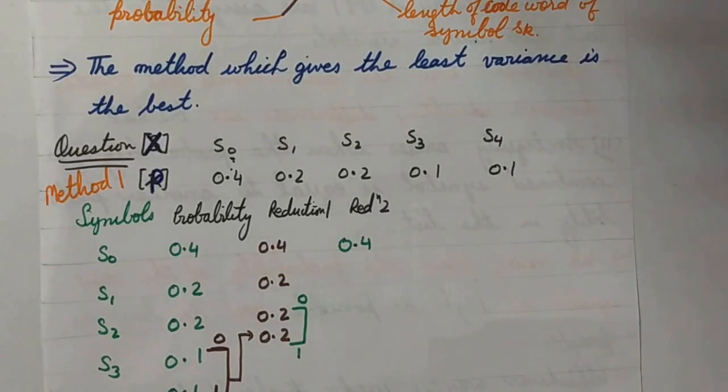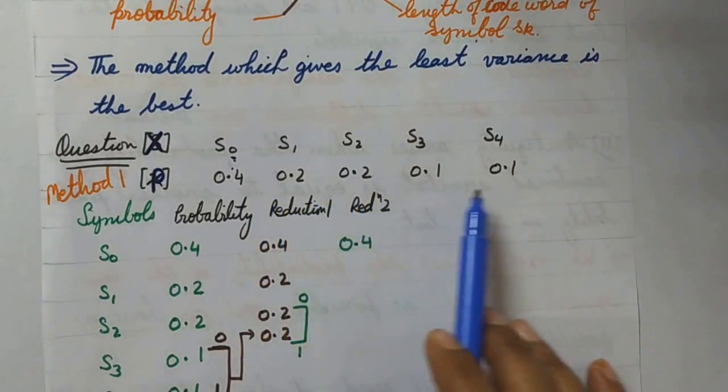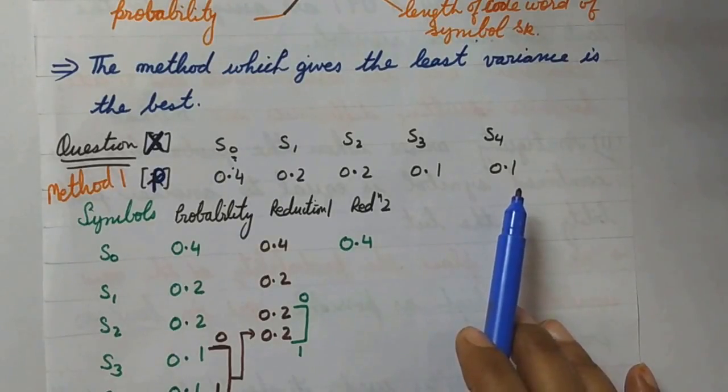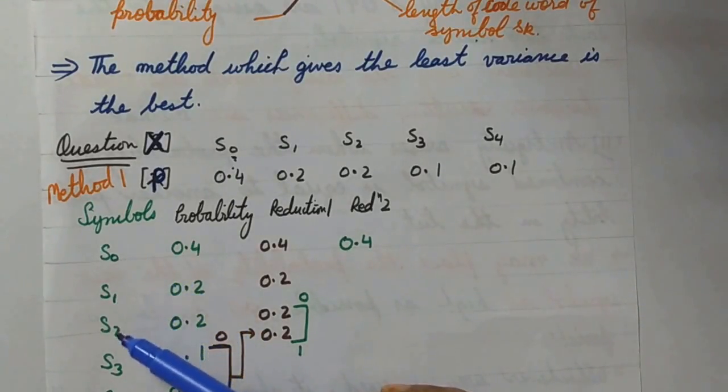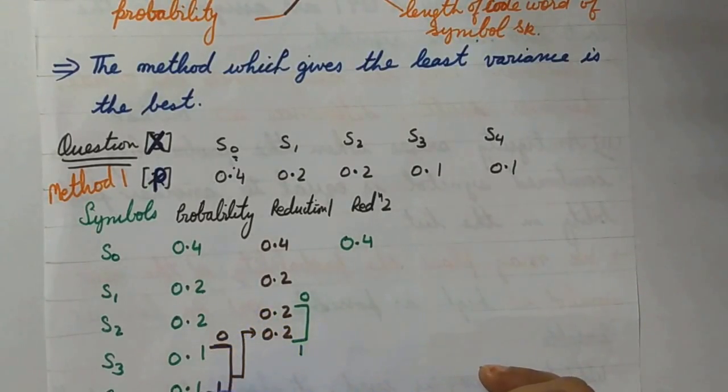The first step of Huffman coding is to write the messages in decreasing order of probabilities, but as we can see, all the messages are already in decreasing order, so there is no need to do this step: 0.4, 0.2, 0.2, 0.1, 0.1.